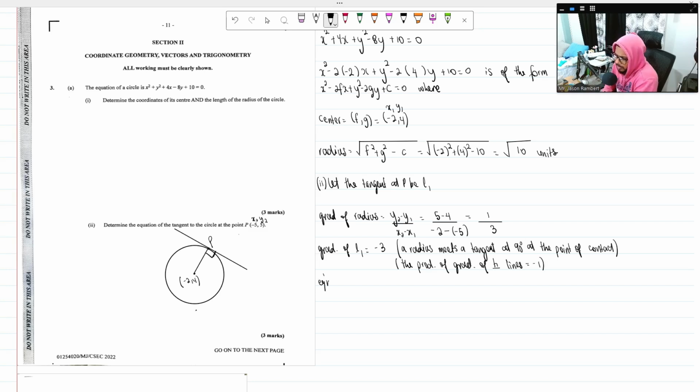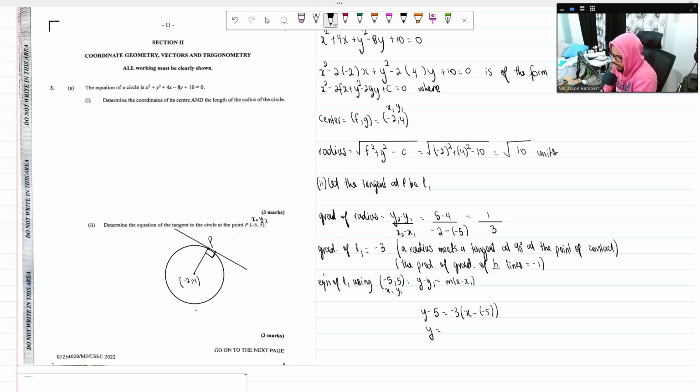Now I can get the equation of L1, and I have to use the point P, which is (minus 5, 5). This could be my x1, y1 for my equation. y minus y1 is m into x minus x1. y minus 5 is minus 3 into x minus minus 5.